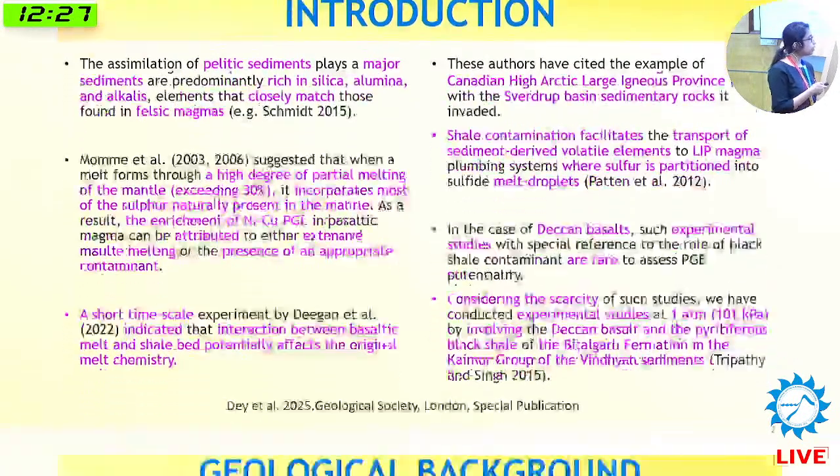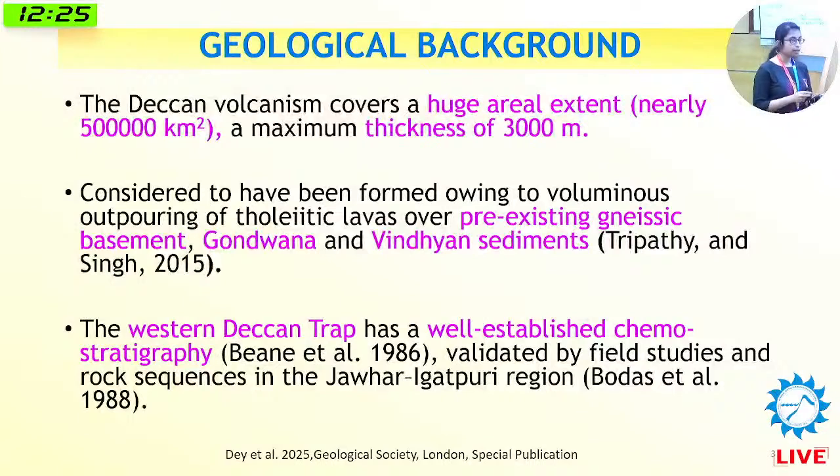Now, Deccan is a very extensively studied LIP of almost 5 lakh square kilometer and reaching up to a thickness of 300 meter, and it is considered that the basement of Deccan volcanic province is the pre-existing gneissic complex or Gondwana sediments, and Vindhyan supergroup sediments are also present beneath the Deccan volcanic province.